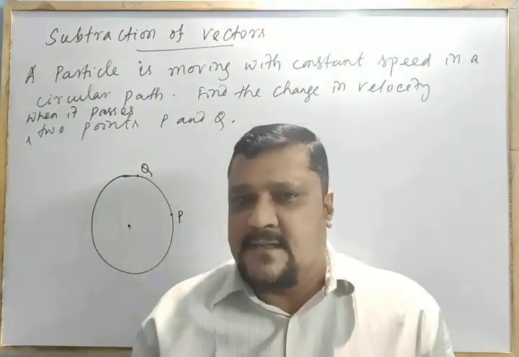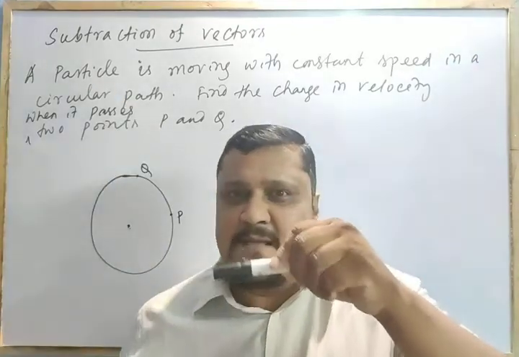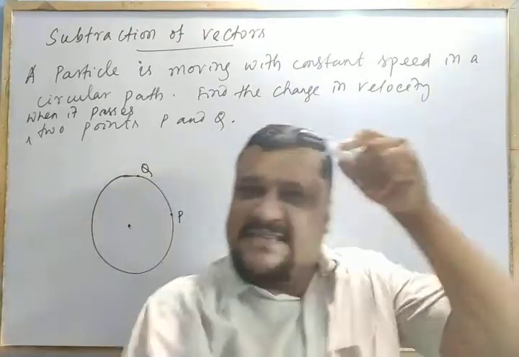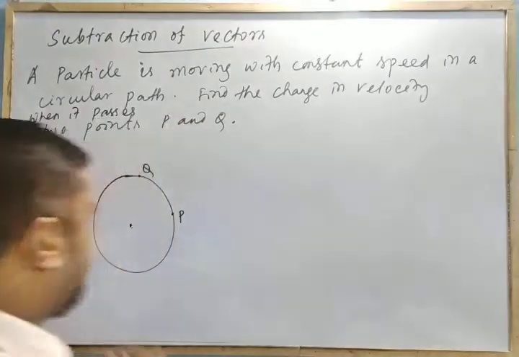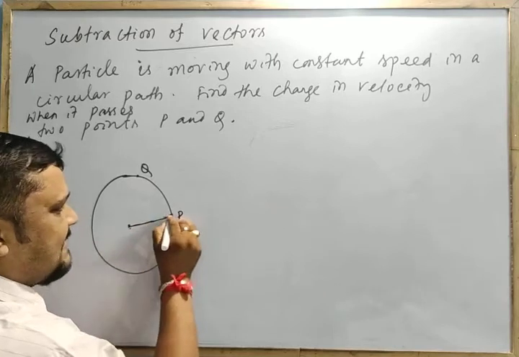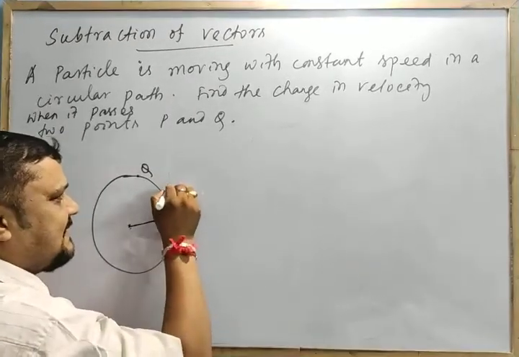When the string breaks at any place, what happens to the stone? The stone goes tangentially, like this. If this is the string and it breaks here, the stone will go tangentially like this. Tangent.